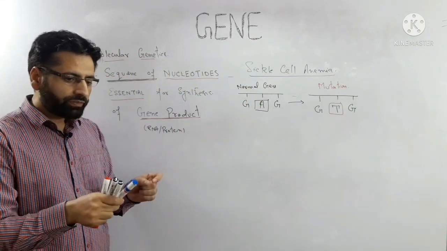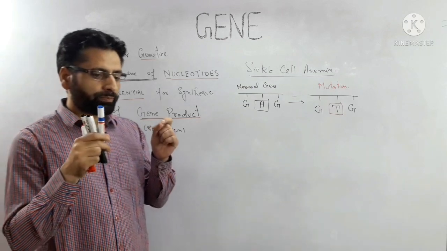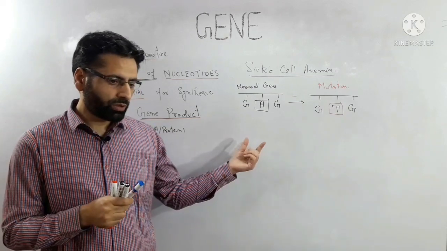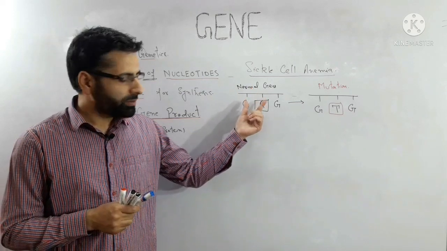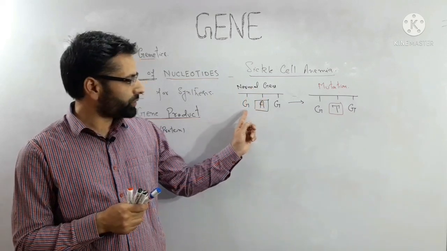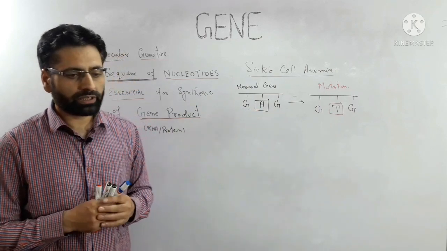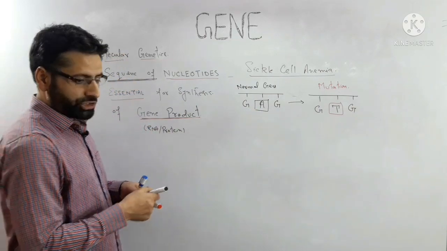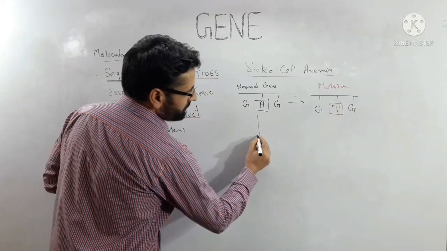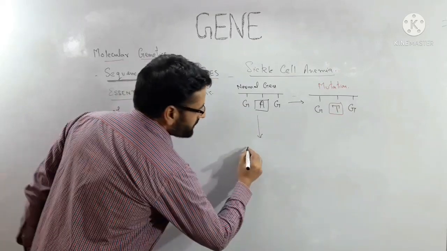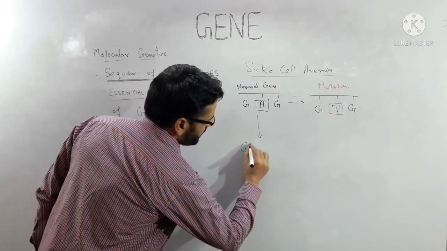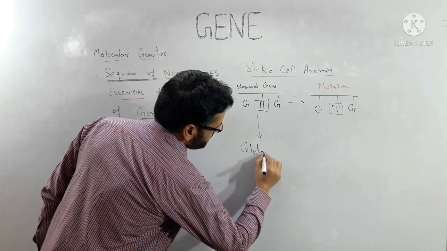The gene which encodes the beta globin chain of the hemoglobin, in the normal case has a sequence like this: G, guanine, adenine, and then guanine. And this sequence, when translated, forms an amino acid called glutamic acid.